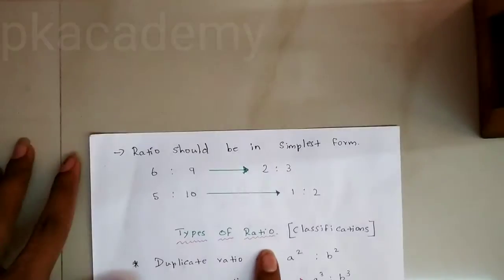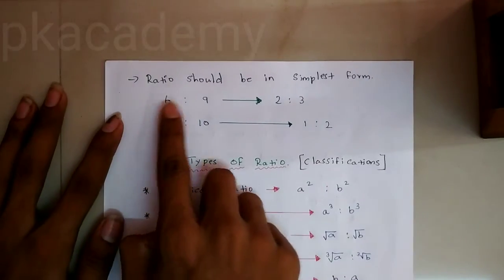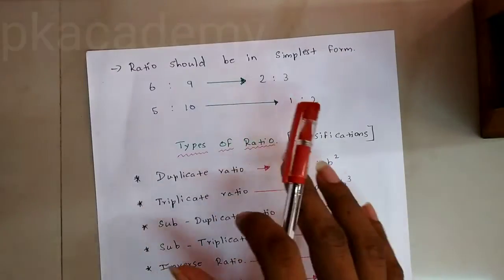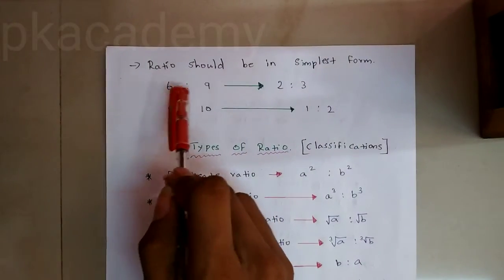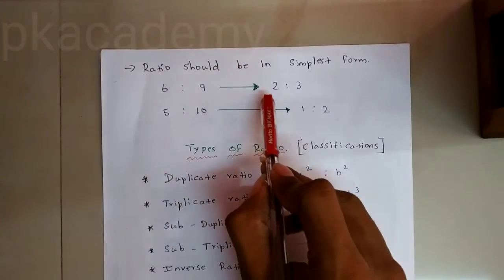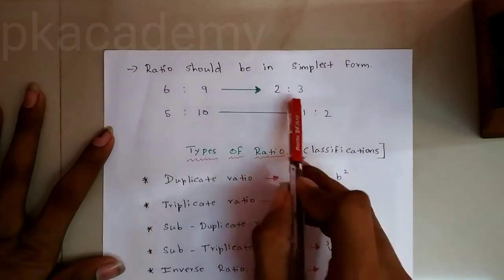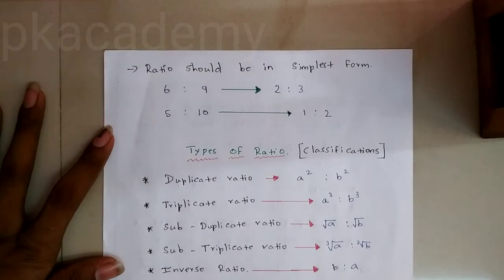The last important thing is ratio should be in the simplest form. For example, if they give 6:9, we have to divide it by some number and take it to the simplest form.